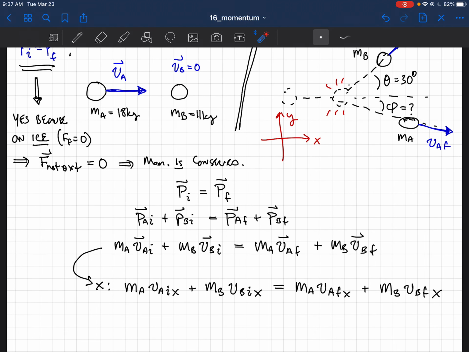So what do we have? Well, in the initial case, the rock B was not moving, so that thing's going to go to 0. In the initial case, the velocity of the A stone is moving to the right, so on my x-axis, that's a positive vA. So I can write this component as just vA magnitude.